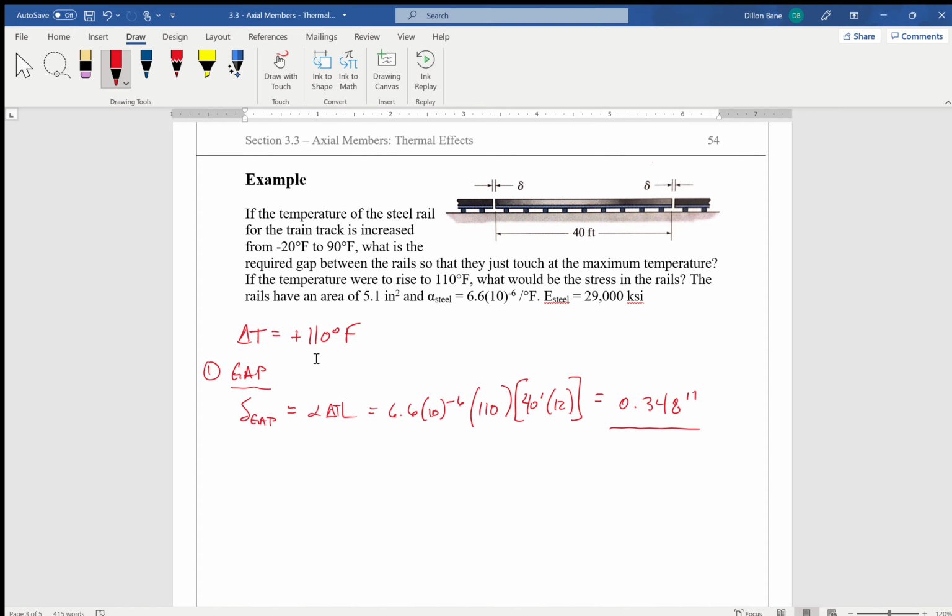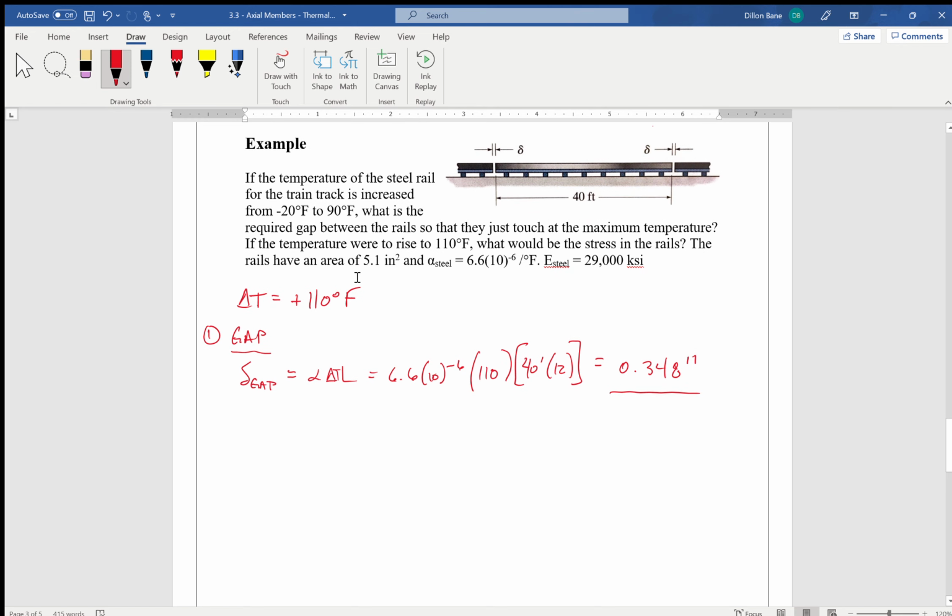There's nothing to react or withstand or to stop that rail from expanding. But now that you've closed the gap, the adjacent rails are going to withstand that expansion, correct? So now we've got restrained thermal expansion.